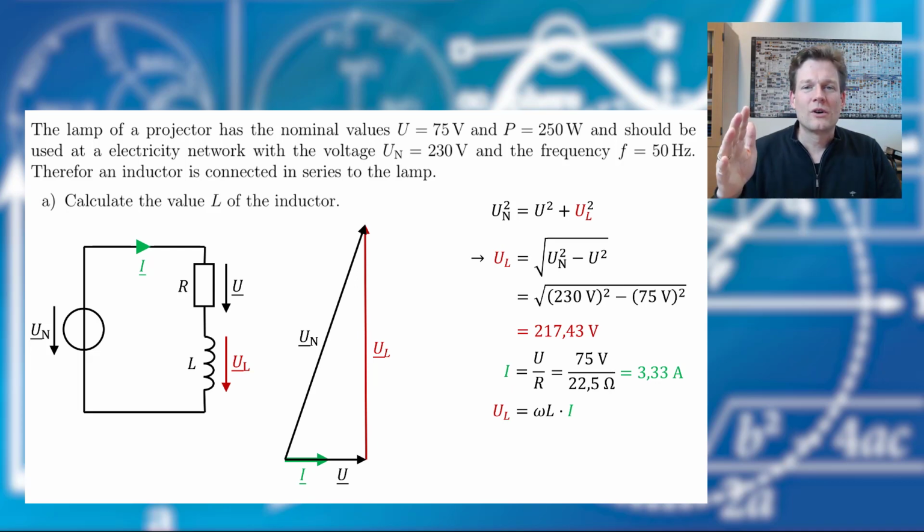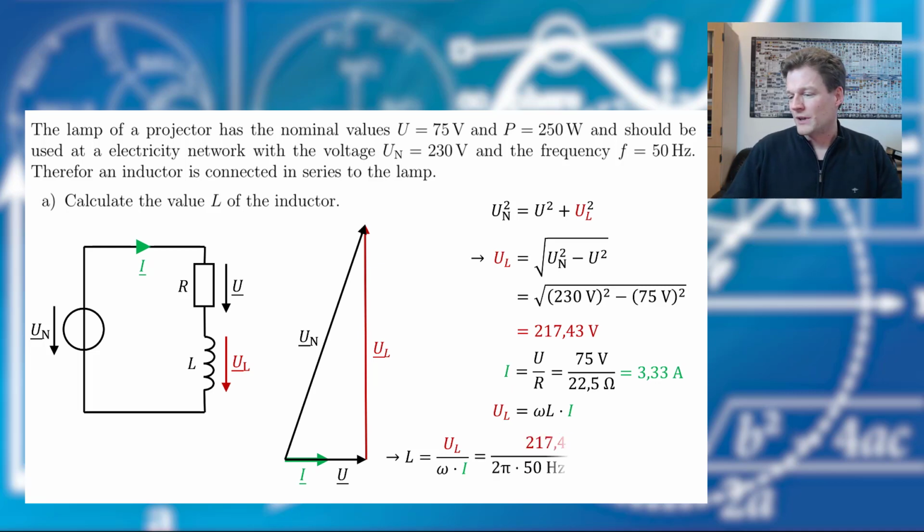We have no complex j there because we are dealing now with the absolute values. So the complex equation would be UL complex equals j omega L times complex I. Okay, and we can solve this equation here for L, and therefore we get this here.